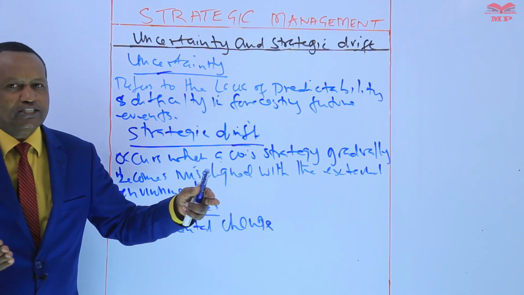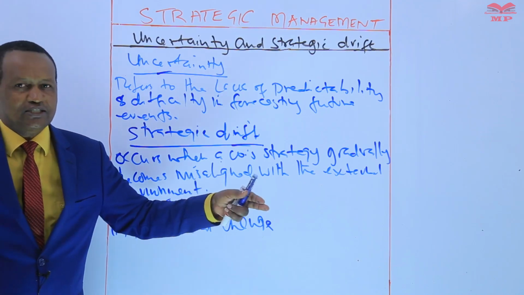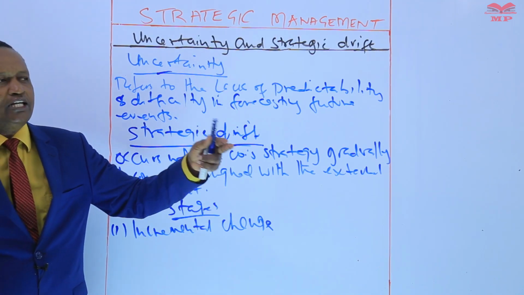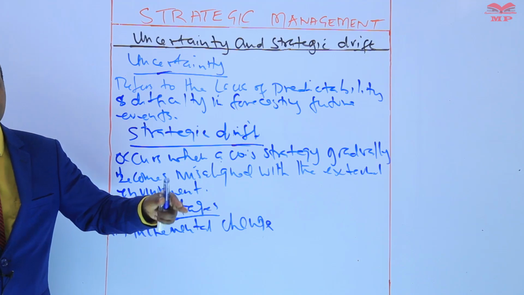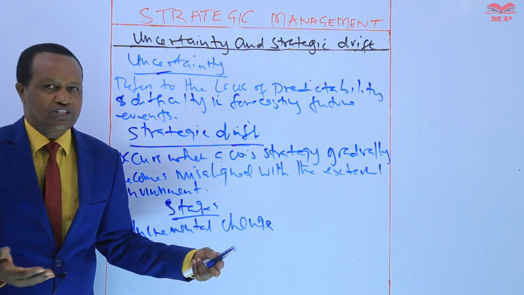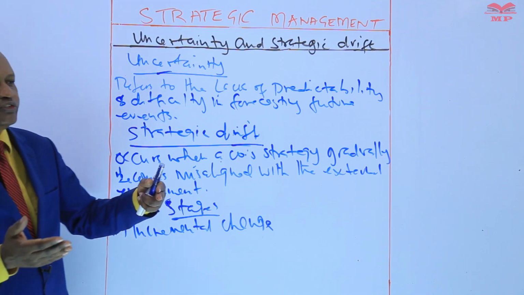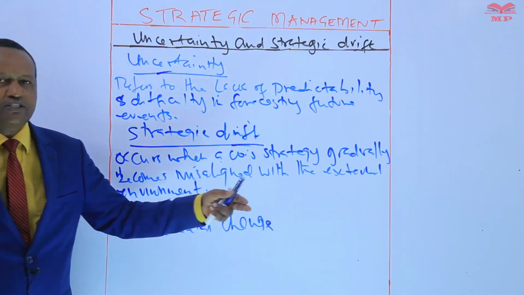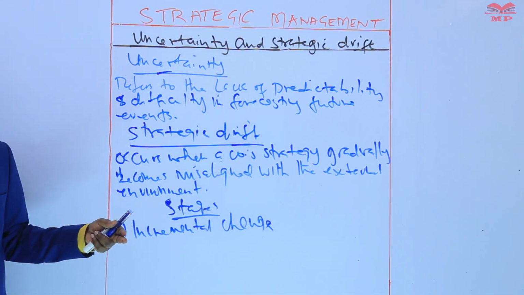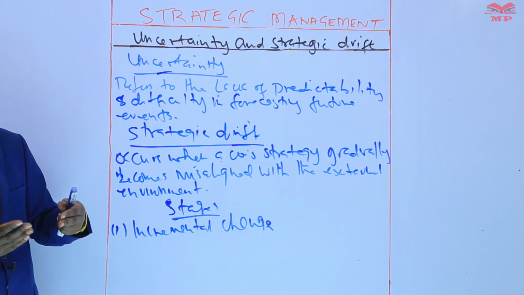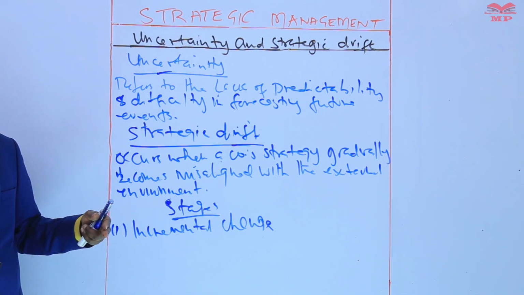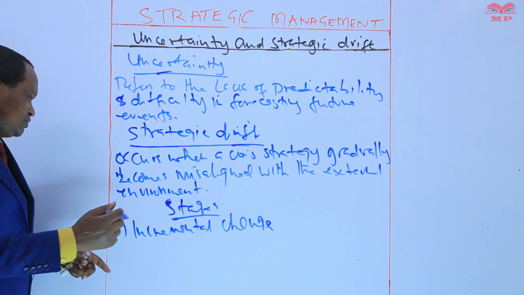When the company does not catch up, the gap widens, leading to a decline in performance and loss of competitive advantage. That is now the drift. The company drifts. The gap between the strategy and the environment widens.